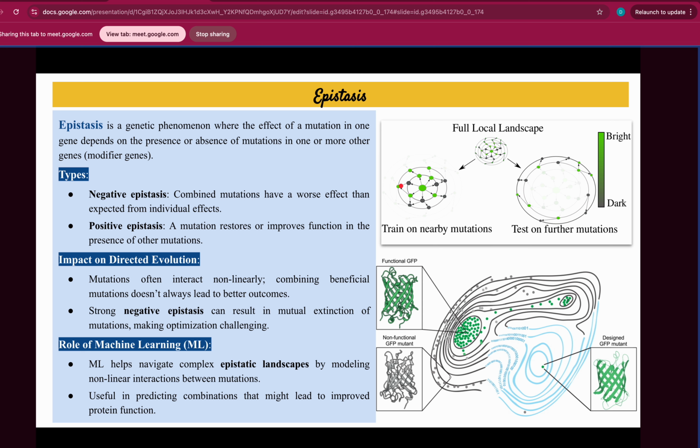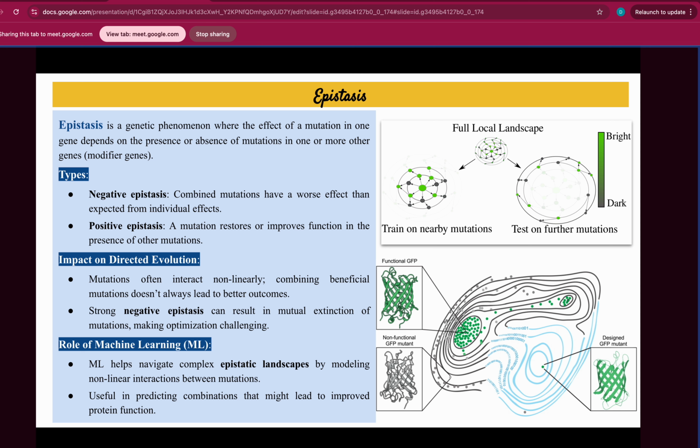So in this way, epistasis is very important to study. For example, you make a mutation in one of the proteins and you want it to increase the activity of the enzyme, but when you validate it experimentally, you see that there is no increase in the activity. So why did you not see any increase?